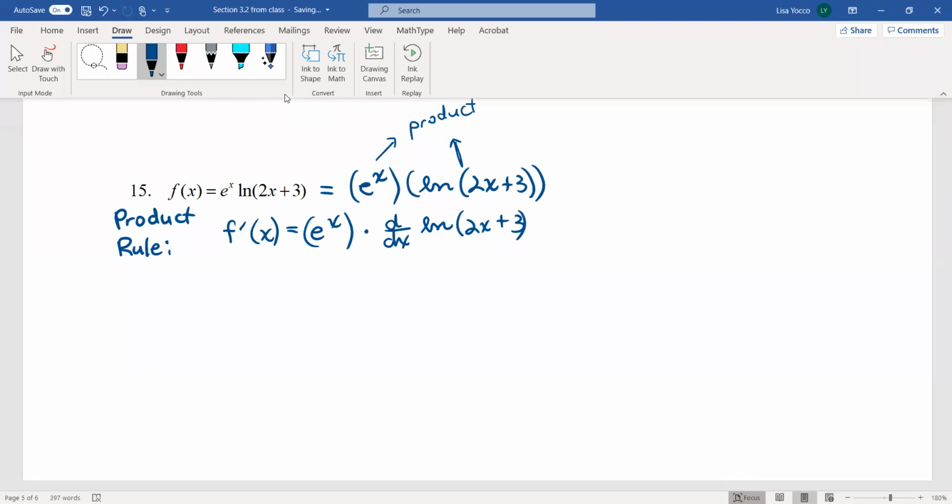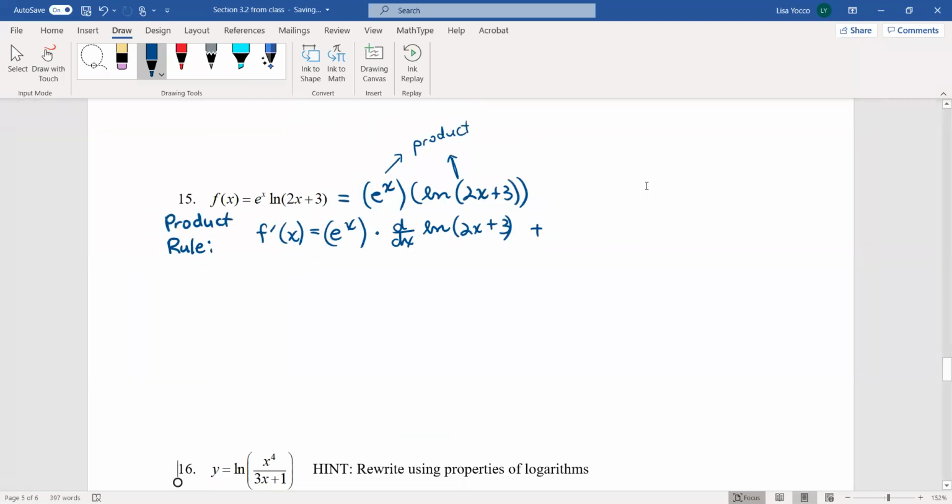First derivative, derivative of the first function times the derivative of the second function plus the derivative of the first function times the second.